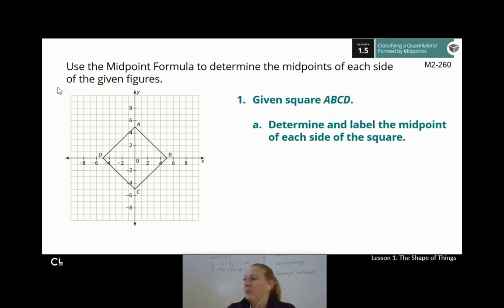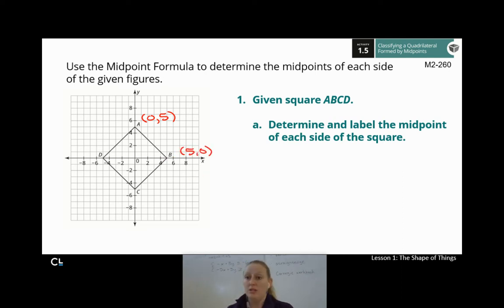So like I said, I'm going to start by writing down what the coordinates are. So it looks like point A is (0, 5). And I'm going to start by finding the midpoint of this one. So the coordinates for B are (5, 0).